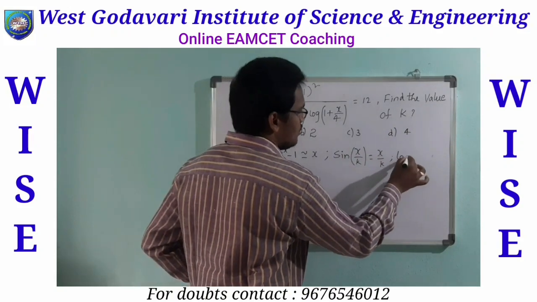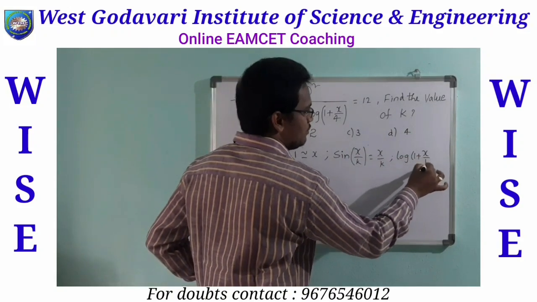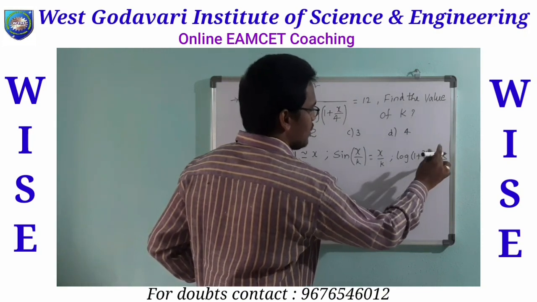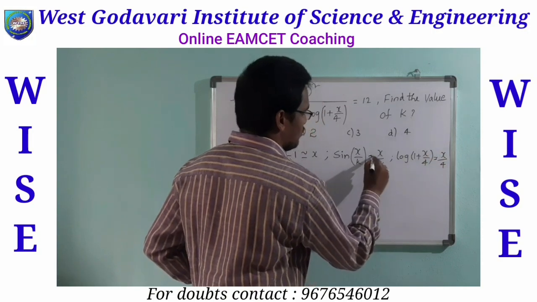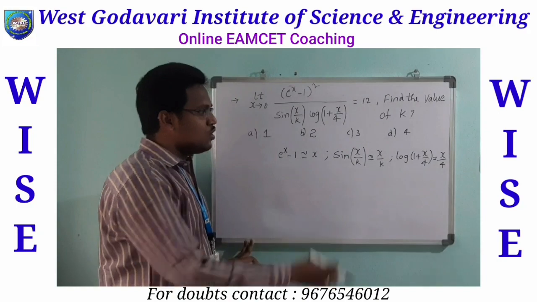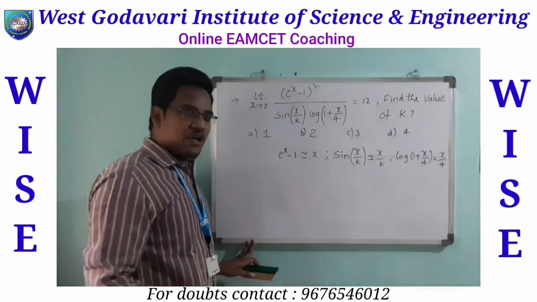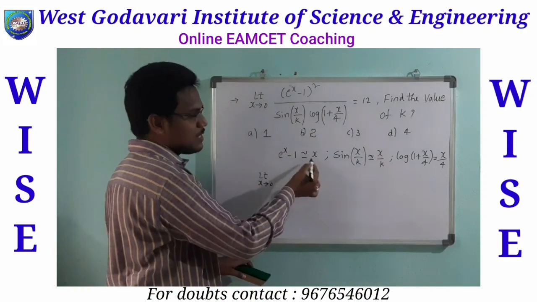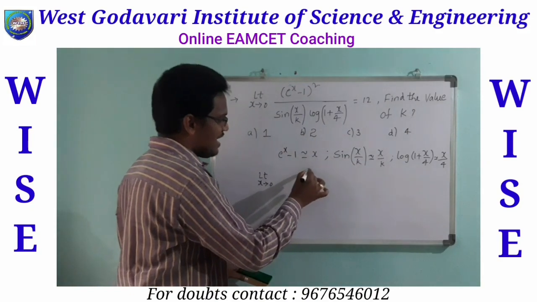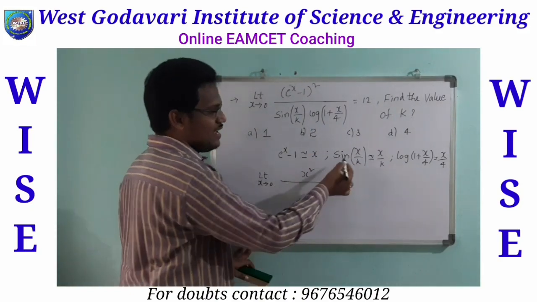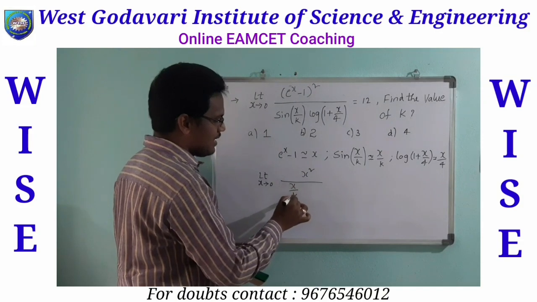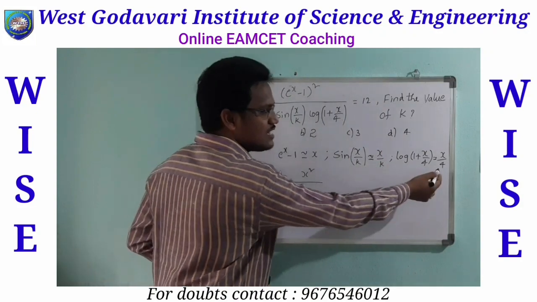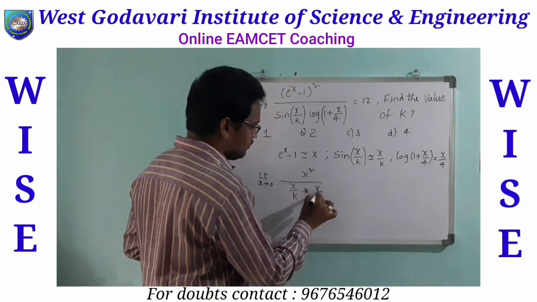And log 1 plus x by 4 is approximately equal to x by 4. So by substituting these values into the above equation, e power x minus 1 is approximately x, so x square by sin x by k, that is approximately x by k, into log 1 plus x by 4, that is approximately x by 4.